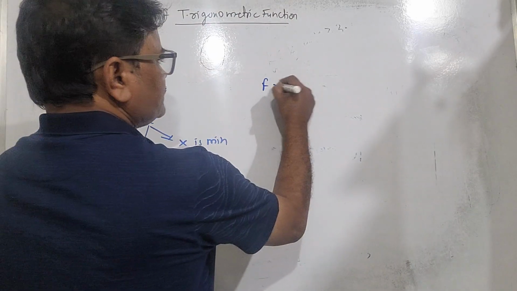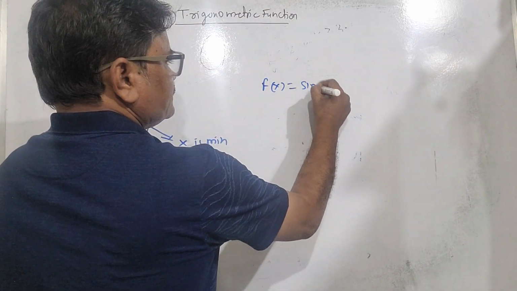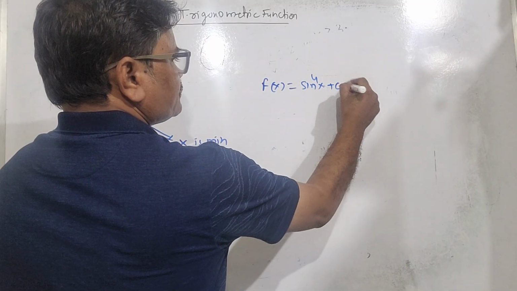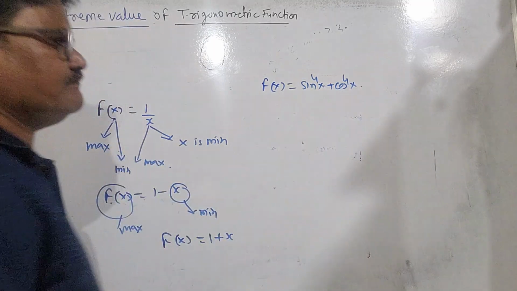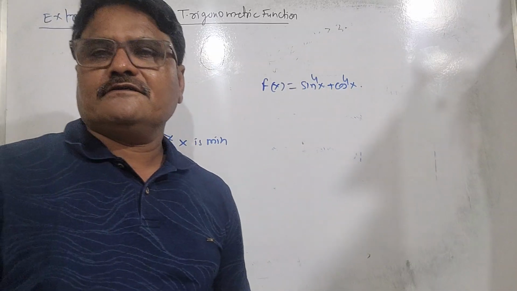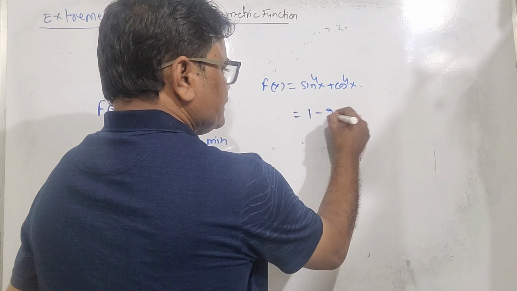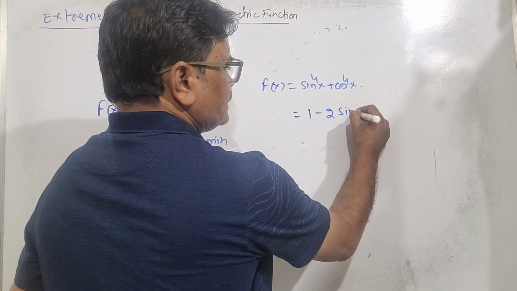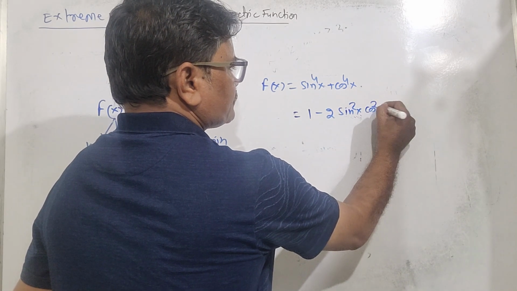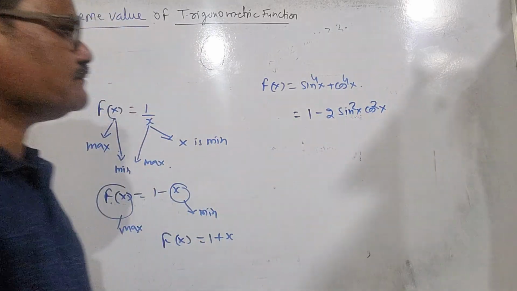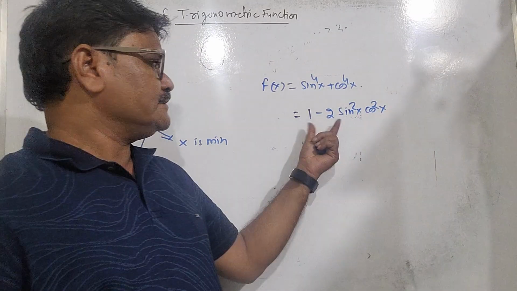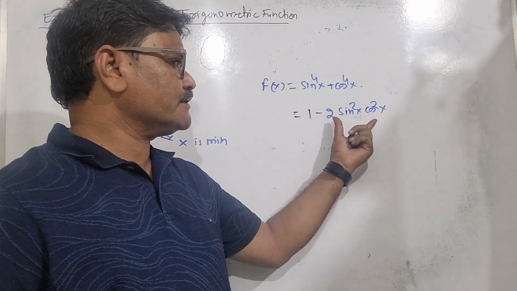For example, f(x) equal to sin to the power 4 x plus cos to the power 4 x, correct? Find out the range. Now two trigonometric functions are there. I can now write it as 1 minus 2 sin square x cos square x. This sin^4 x plus cos^4 x is 1 minus 2 sin square x cos square x.